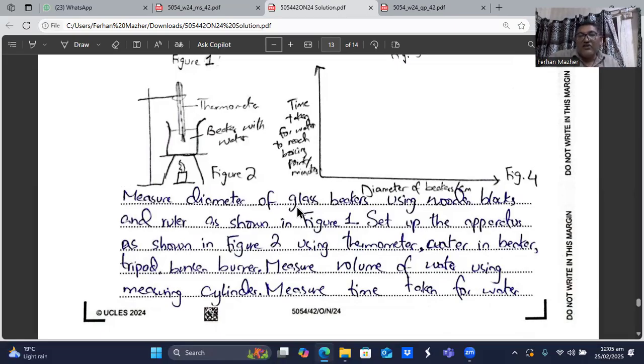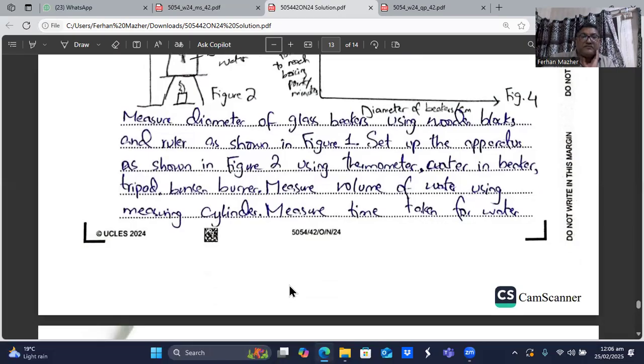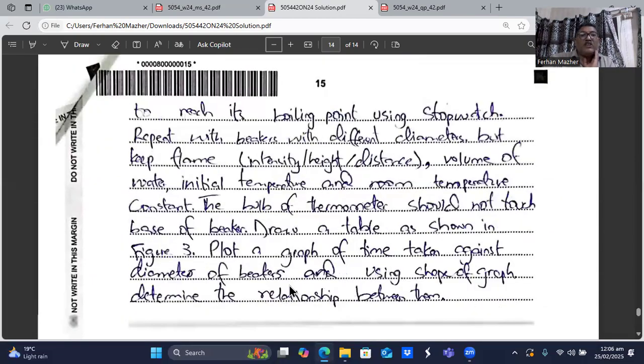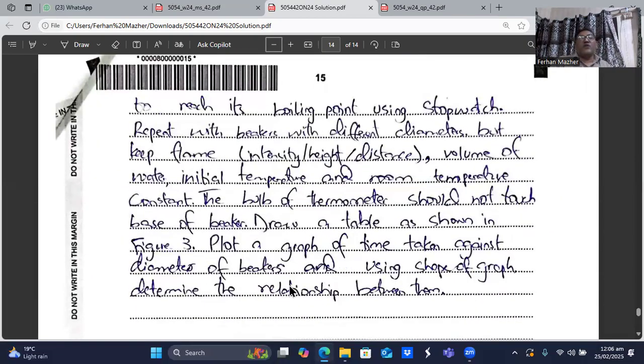So measure the diameter of the glass beakers using the wooden blocks and ruler as shown in figure 1. Set up the apparatus as shown in figure 2 using the thermometer and water in the beaker, tripod, Bunsen burner. Measure the volume of the water using the measuring cylinder, and measure the time taken for the water to reach its boiling point using the stopwatch.